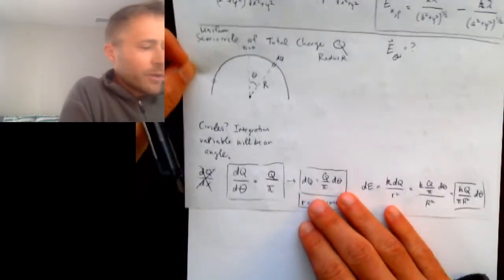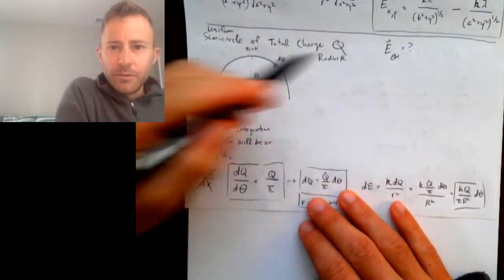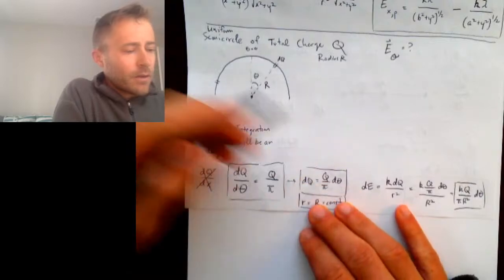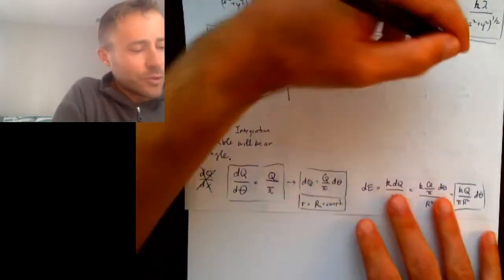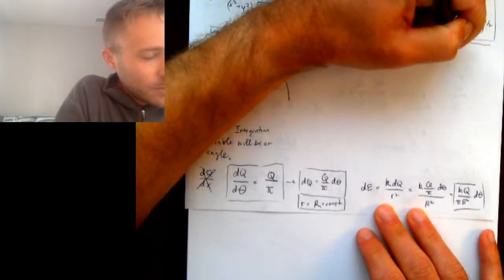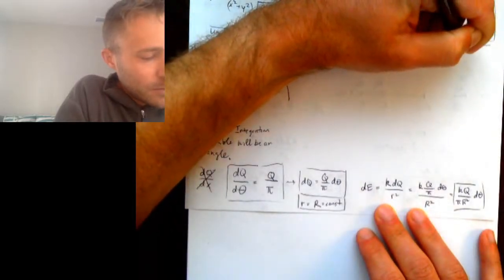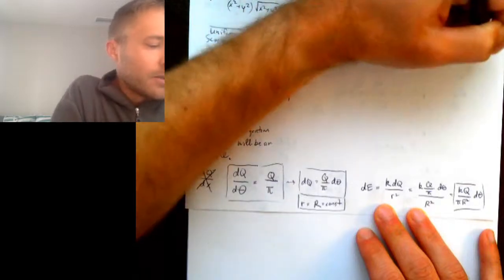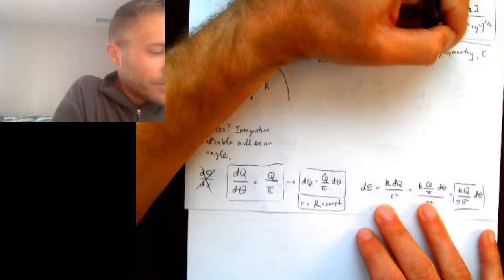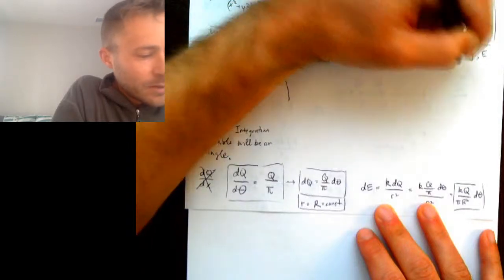Now if I think about the electric field at Q, by symmetry, the electric field points down.